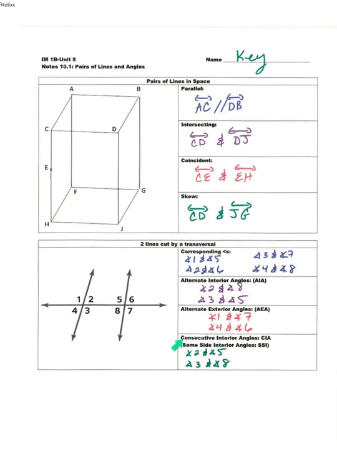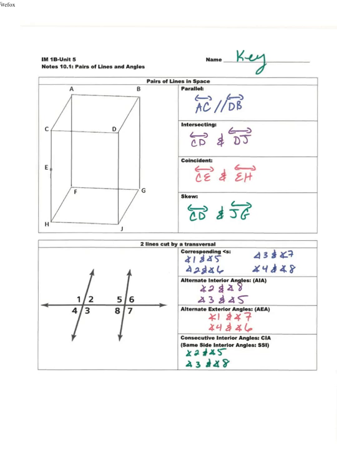And then we have one last type called consecutive interior angles, or shortened to CIA. Or some people and some books call them same side interior angles, or SSI. So in the shortened form, I like CIA just because, you know, it's the CIA. But for actual telling you where it is, I think same side interior is more descriptive.